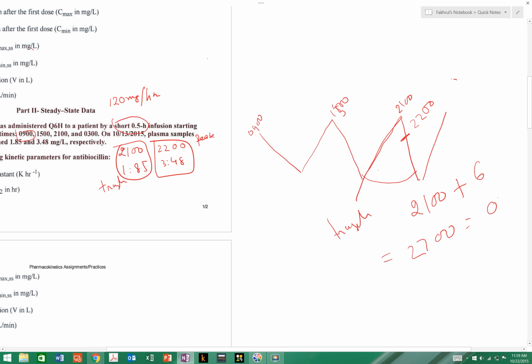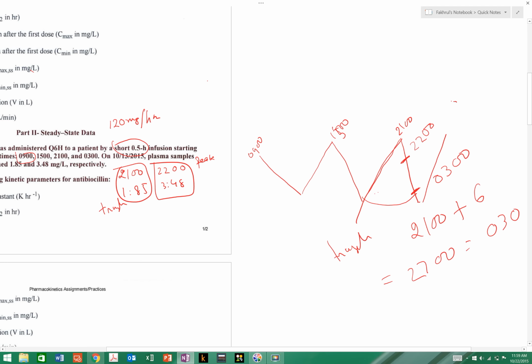That means the new trough sampling time is 0300. So this is your new, assumed trough. Although in reality, in practice, it was taken during this earlier dosing interval, you are just pushing it forward.